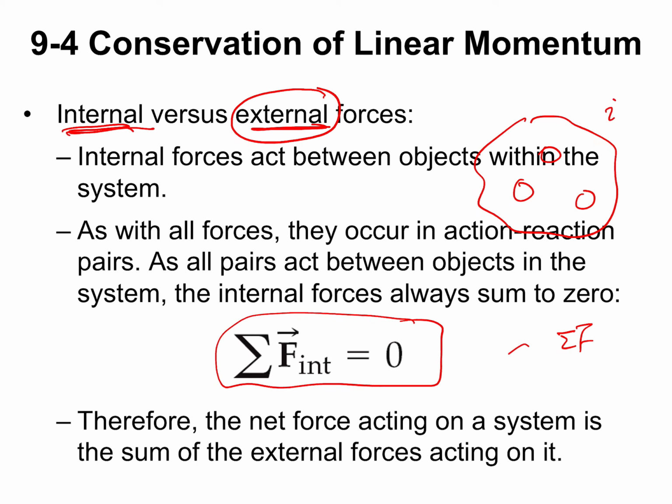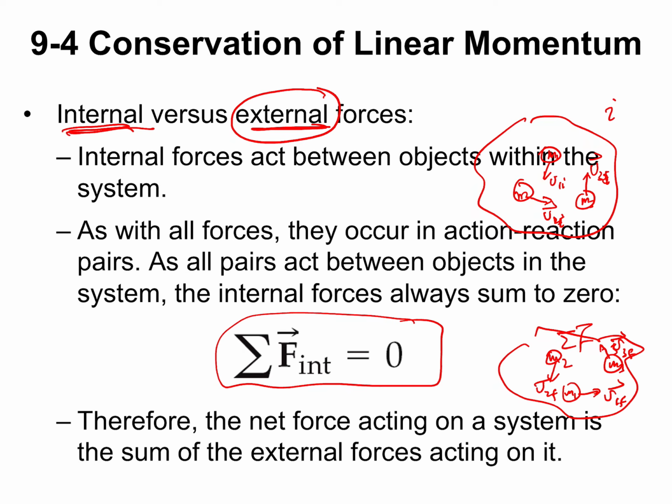Assume this is the initial state, with M1, M2, M3 having velocities V1I, V2I, V3I. After they interact, M1, M2, M3 reach their final positions with final velocities V1F, V2F, V3F.